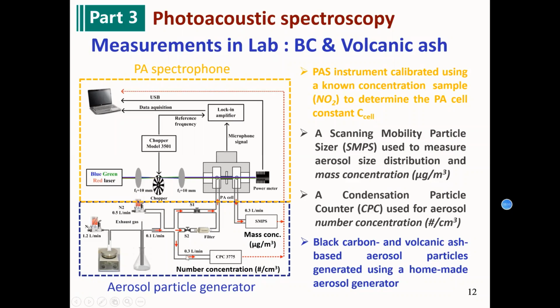One channel connects to a CPC for measuring number concentration, and the other channel will pass through the photoacoustic cell for measuring the absorption coefficient, and connecting with the SMPS to measure the mass concentration and particle size distribution.